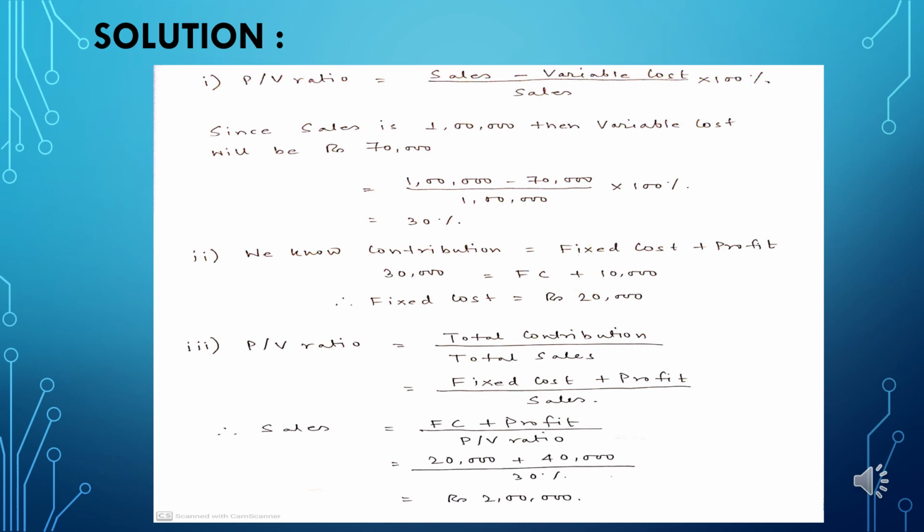If we put in the values, the fixed cost we have already calculated is 20,000, the profit we want to achieve is 40,000, and the PV ratio we previously calculated is 30%. Calculating that, we get the sales value as rupees 2 lakh.